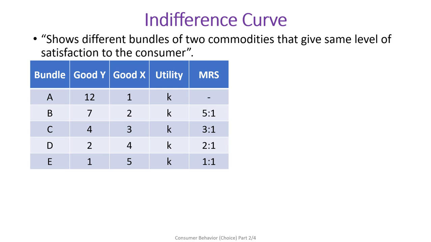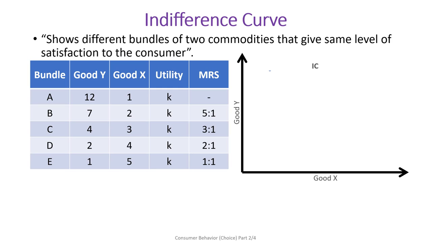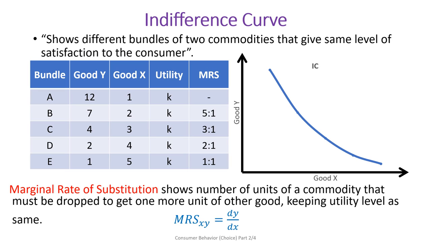Now, plotting these bundles of good X and good Y, we have an indifference curve which falls from left to right, and the marginal rate of substitution shows the number of units of a commodity that must be dropped to get one more unit of the other good, keeping the utility level the same.